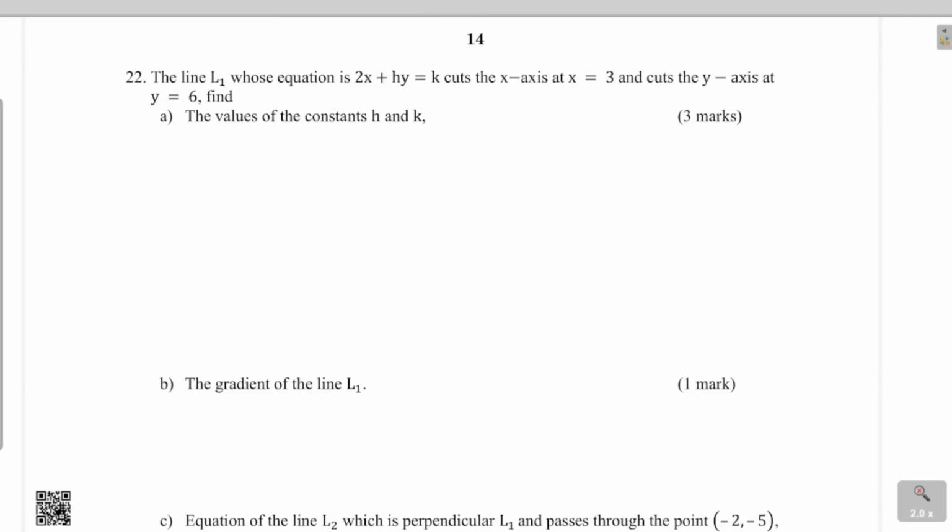The line L1, whose equation is 2x plus hy equals k, cuts the x-axis at x equals 3 and cuts the y-axis at y equals 6.